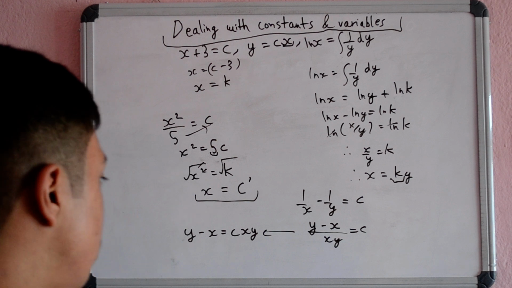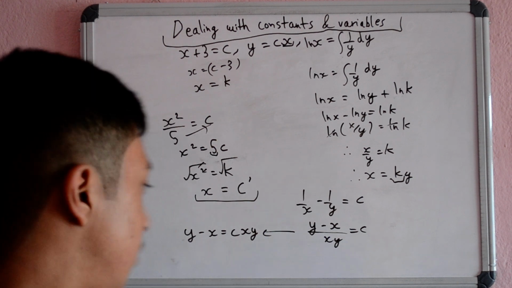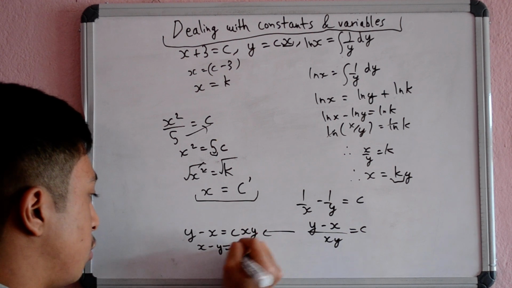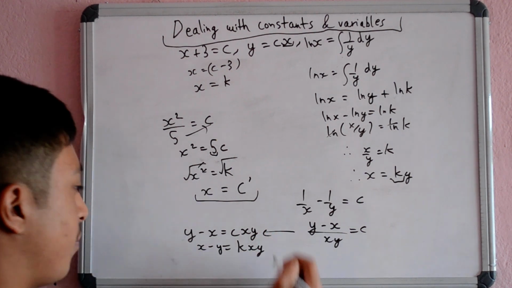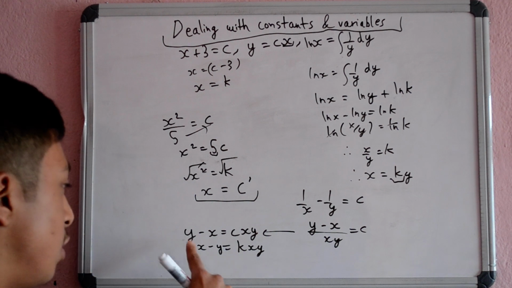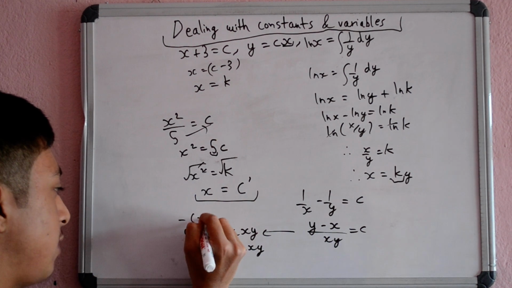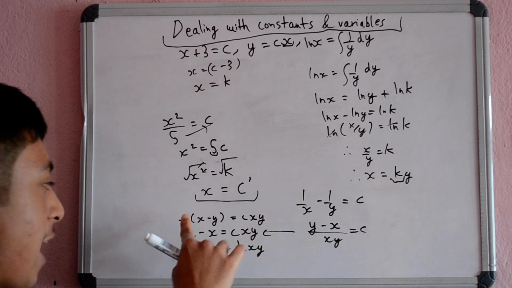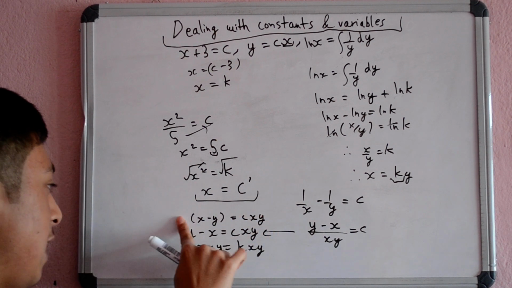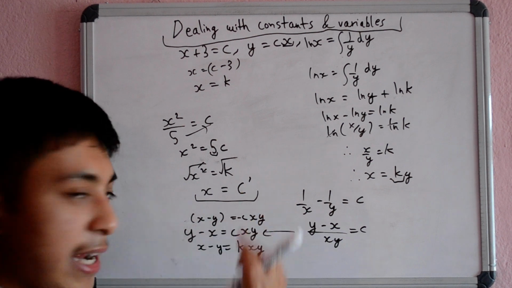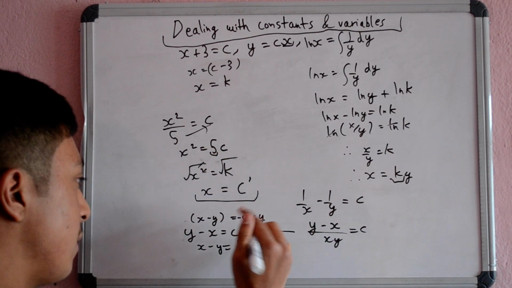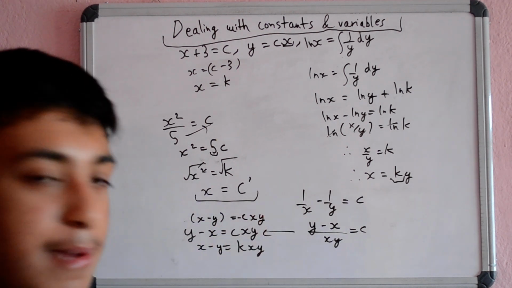Here what you can do, if you want to make it nicer, is write it as x minus y equals kxy. Why? Well, you have just taken common minus, so x minus y equals minus cxy, and then what you can do is shift the minus to that side, right? This is all valid, I meant to say.